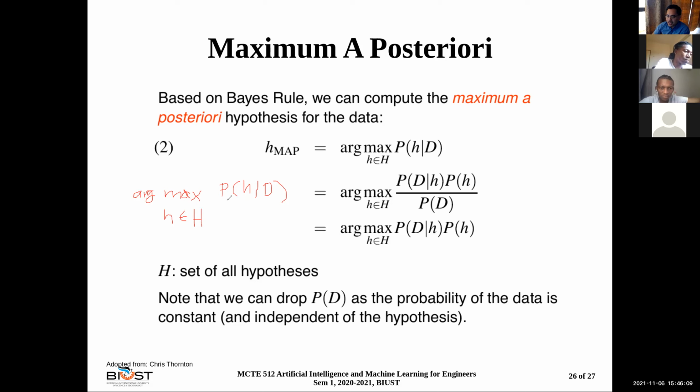So it can be H1, H2, H3. It's better to have H1, then you consider another H, probability of H2 given D, and probability of H3.